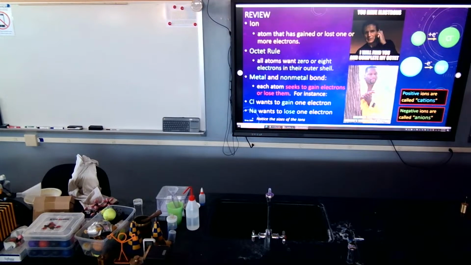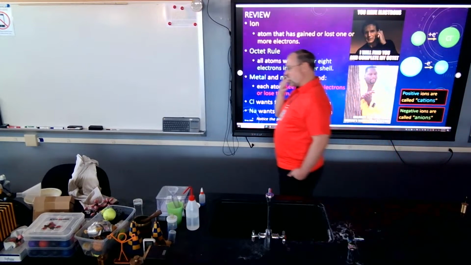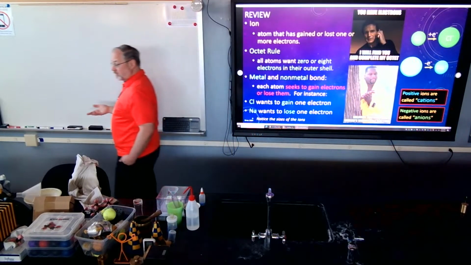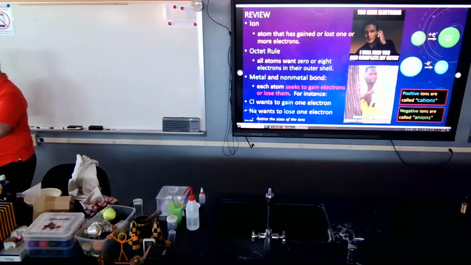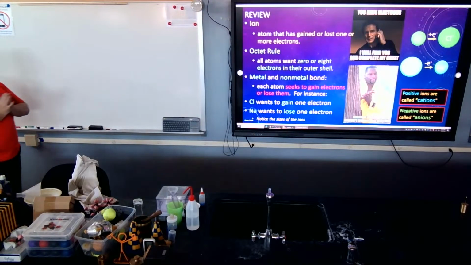It doesn't necessarily want to lose it, but it loses it very, very easily. And then you have these positively and negatively charged ions, which stick together. They are electrostatically attracted to each other. So you make the ion by pulling the electron from the metal to the nonmetal, then they stick. That's ionic bonding.